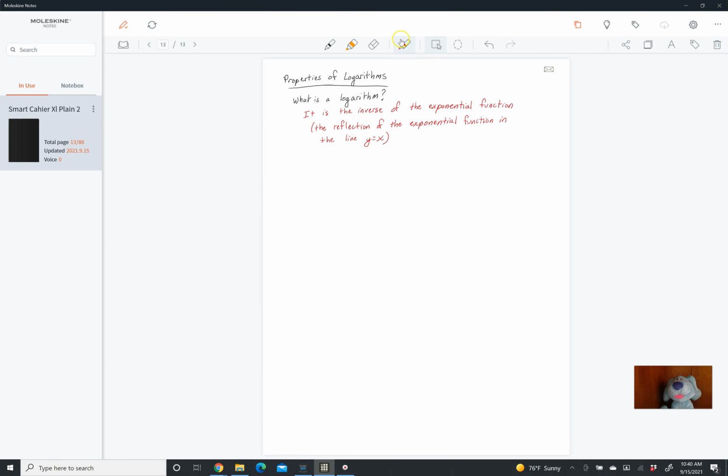Okay, so let's just sketch that. This is a very, very rough sketch of the exponential versus the logarithmic. So the exponential we're already familiar with. Here's our x and our y axis. And our exponential function, we know, gets very, very close to 0, and then it shoots up. Okay. The logarithmic is kind of the opposite.